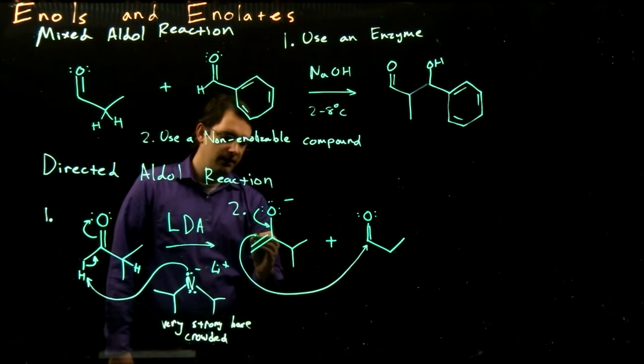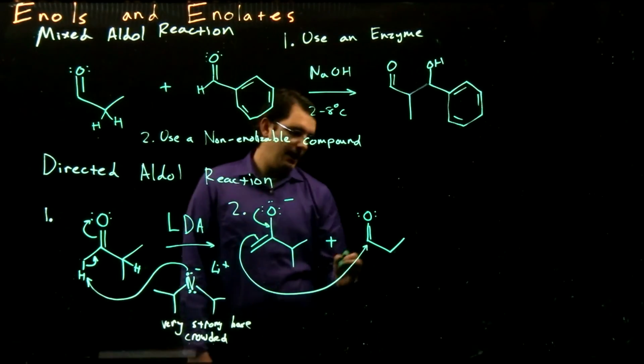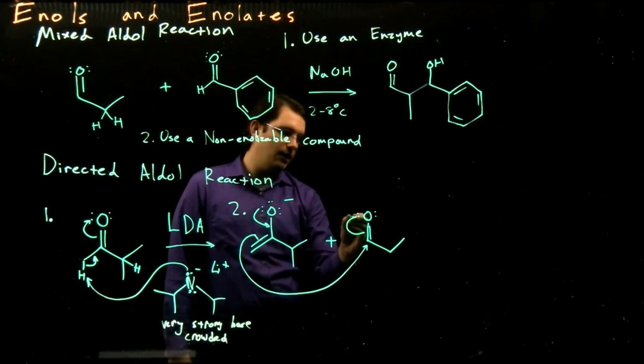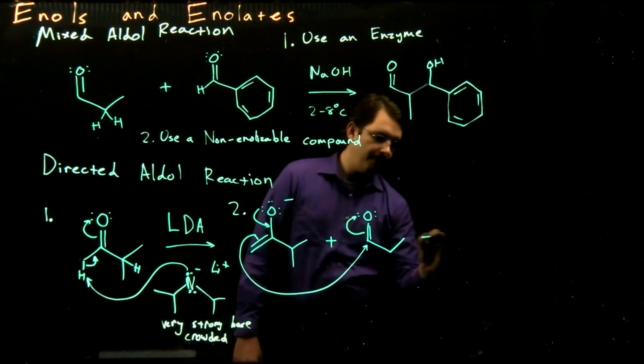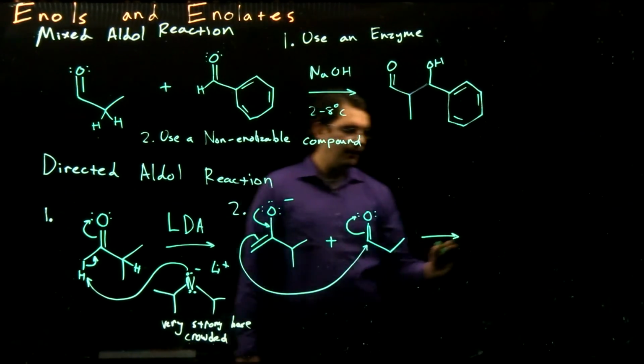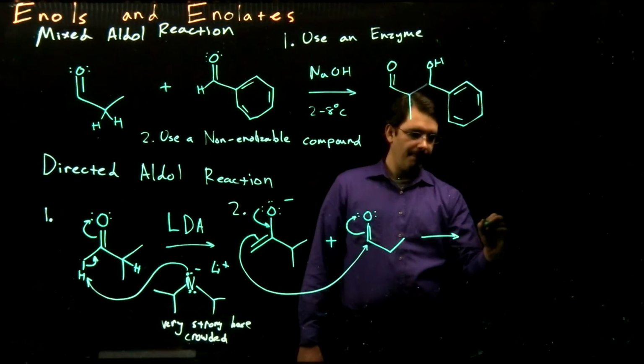So we'll take our nucleophilic carbon, attack that electrophilic carbon of our other carbonyl. Our electrons move out of the way, and we make our aldol addition product.